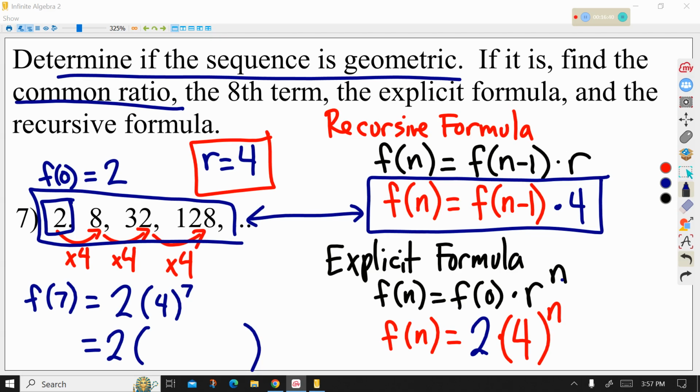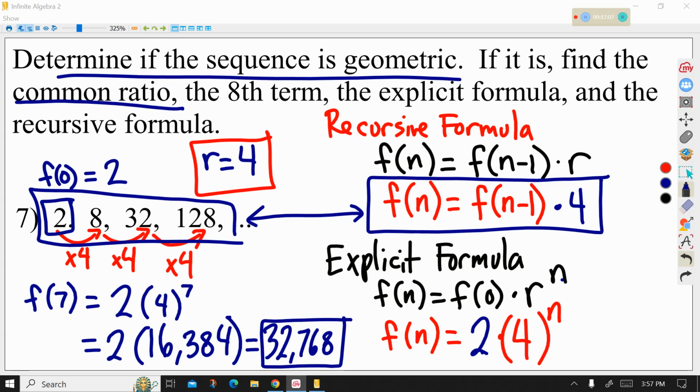So that calculation gives me 16,384. Okay, and if I do that times 2, and I get this value, that is 32,768. Okay, so this is f of 7.